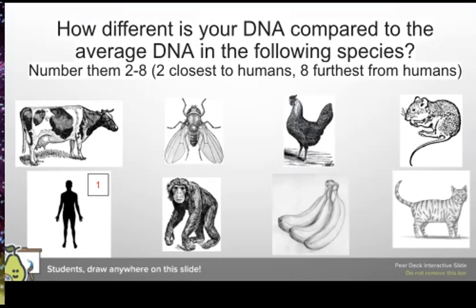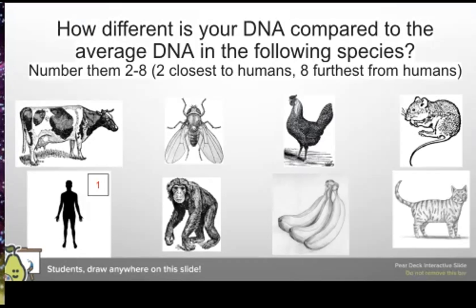You're going to look at 8 different animals: a cow, a fly, a rooster, a mouse, a cat, a banana, a chimpanzee, and a human being. I already numbered humans number 1. You're going to draw on this slide when I let you, not yet.